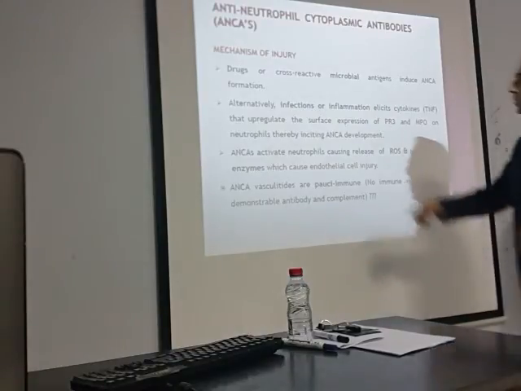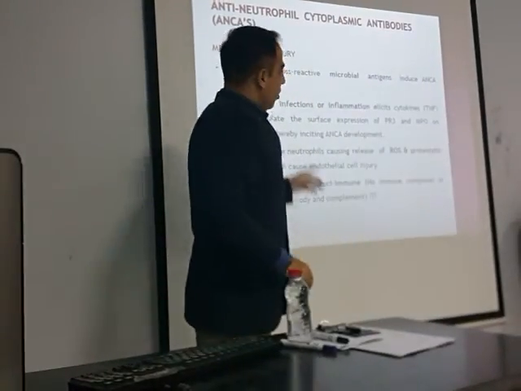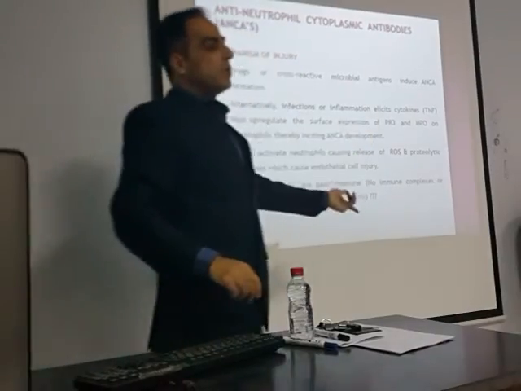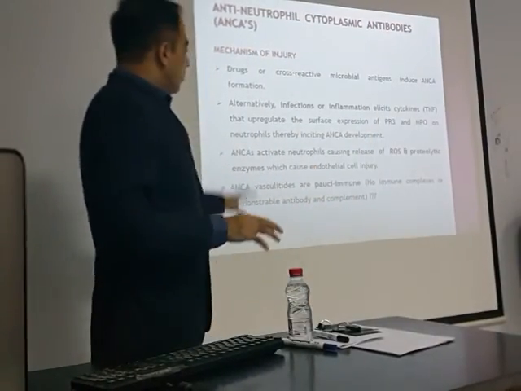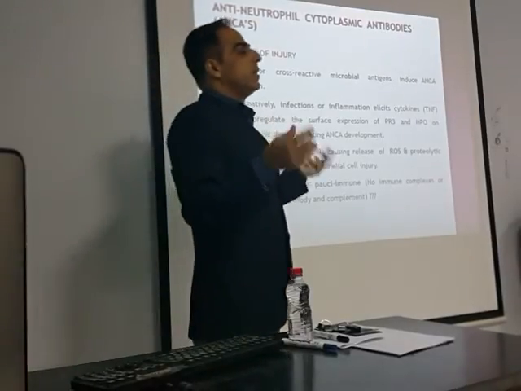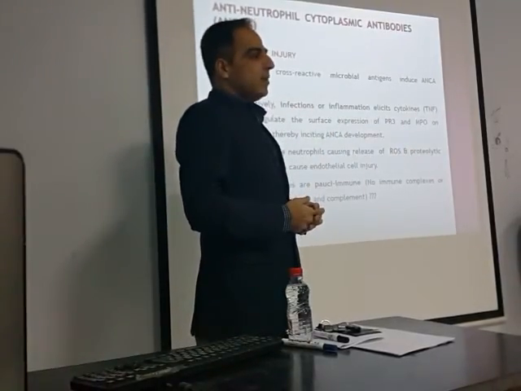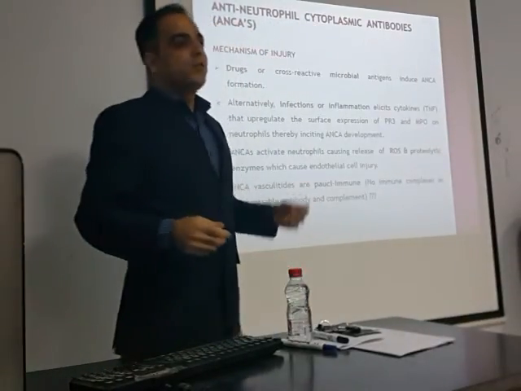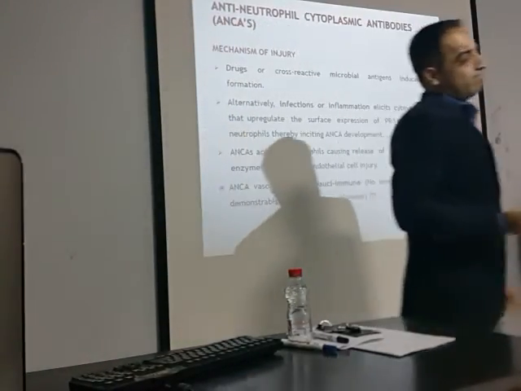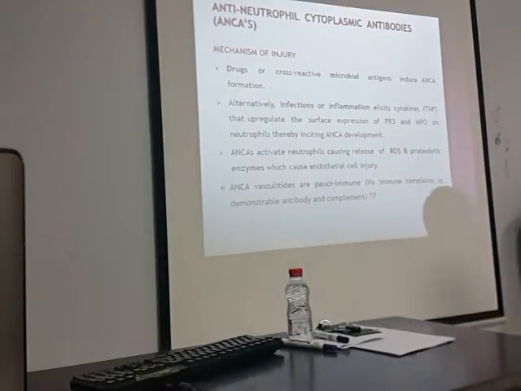So two things are there: cross-reactive antibodies or increased surface expression of these molecules will lead to formation of the ANCA antibodies. Once ANCAs are formed, they will attack the neutrophils. How do they attack? They activate the neutrophils. Once the neutrophils are activated, what will they do? They will secrete reactive oxygen species.